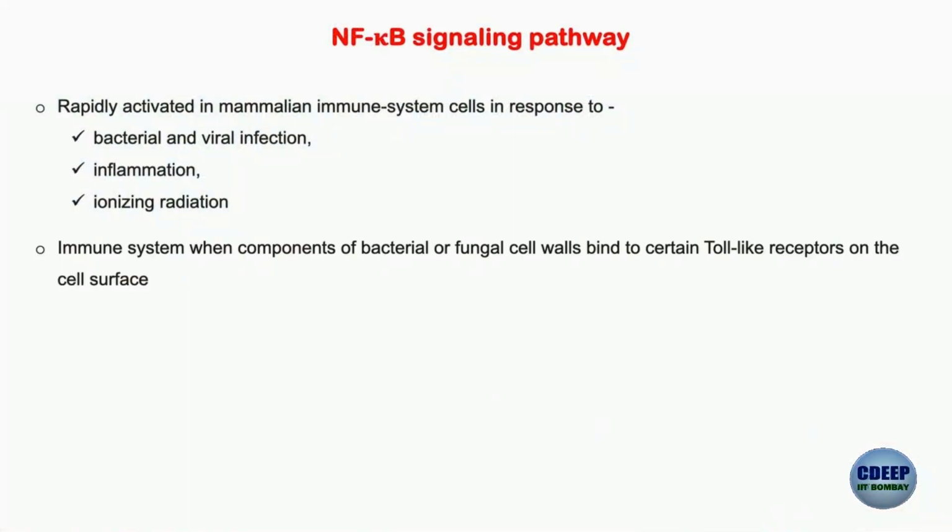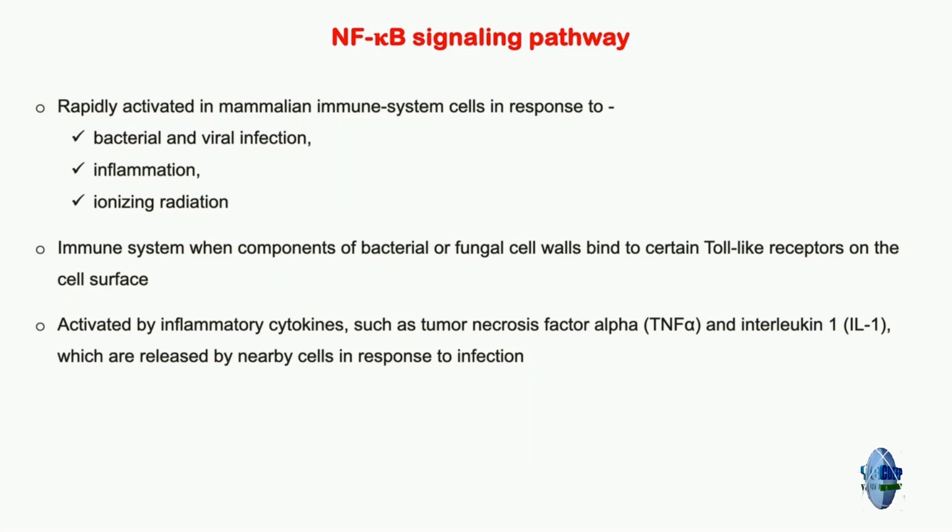It is also activated when components of bacterial and fungal cell walls bind to toll-like receptors on the cell surface, and by inflammatory cytokines such as TNF alpha and IL-1, which are released by nearby cells in response to infection.